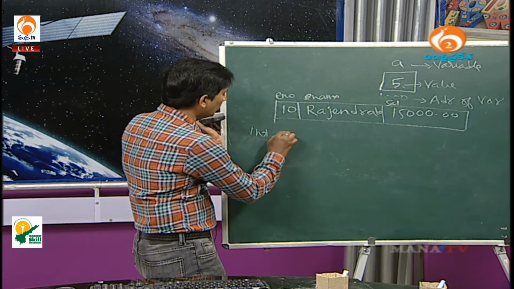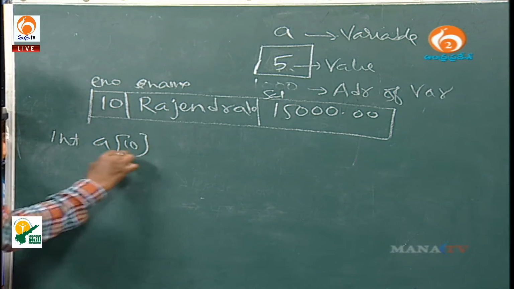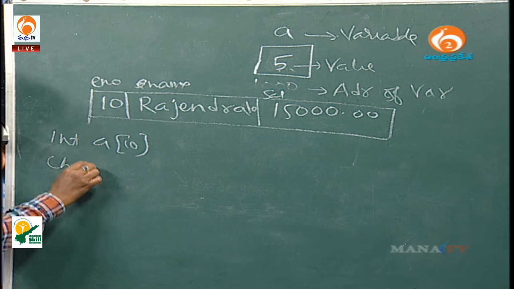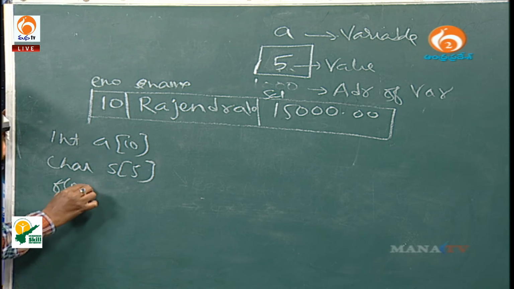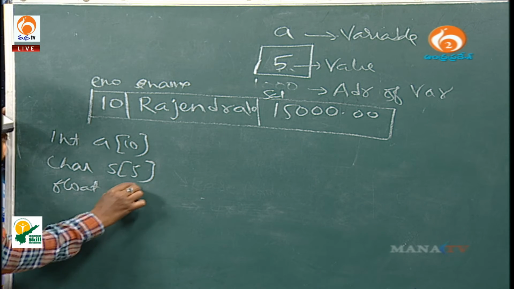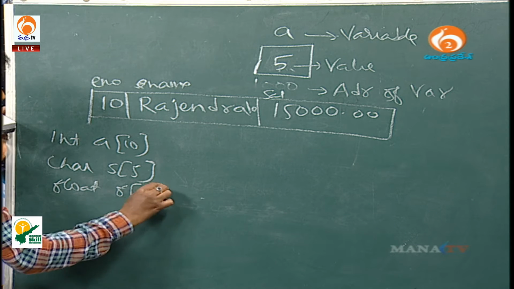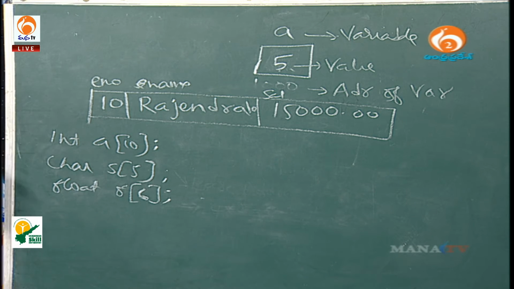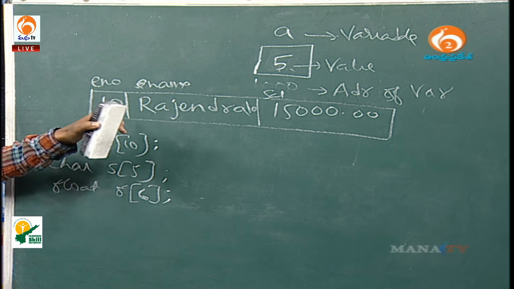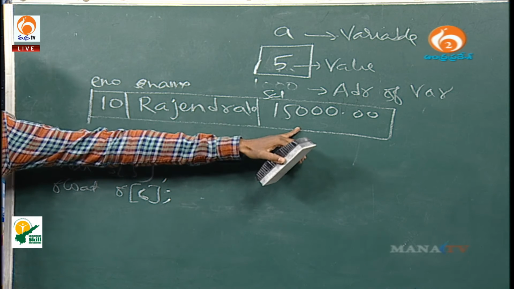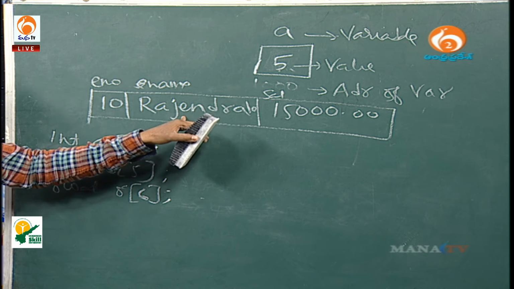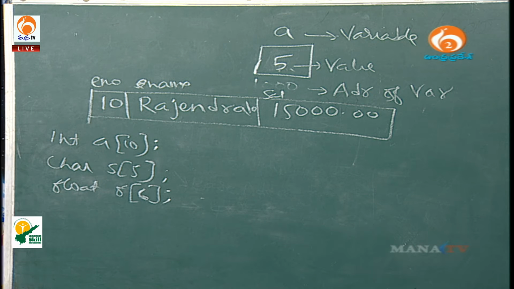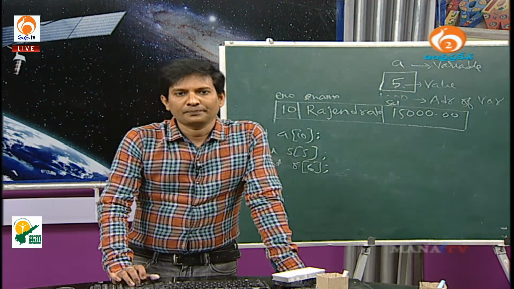It means I have to store only integers, or only characters, or only floats. I cannot store all the different types of variables in a single array. It leads to an error. That is the meaning of that definition, same data type.